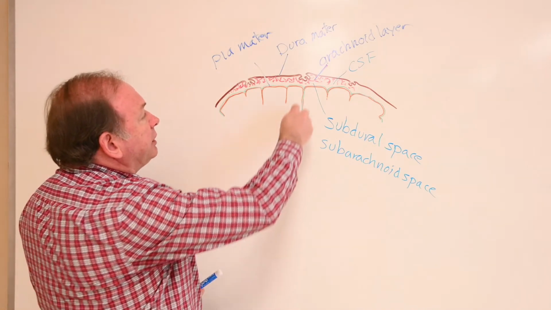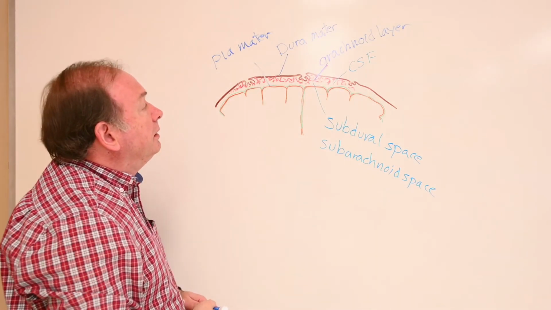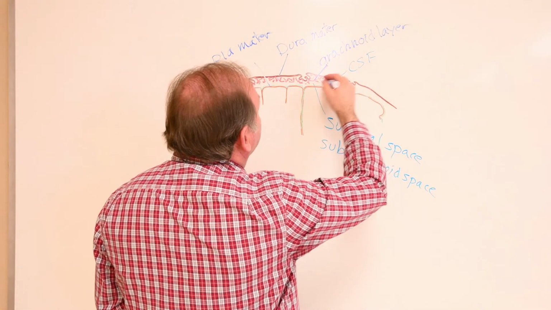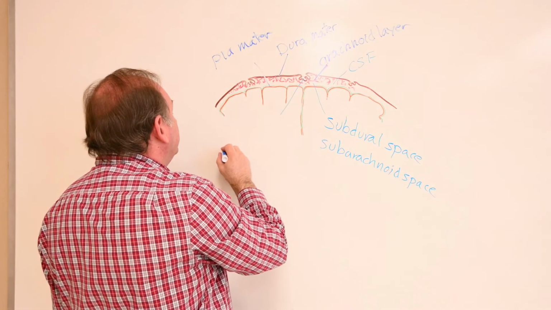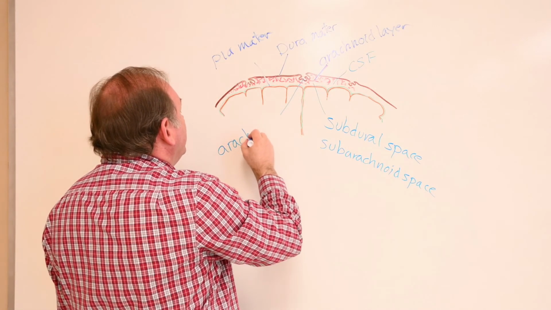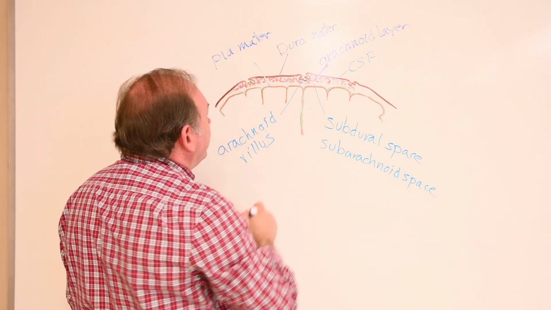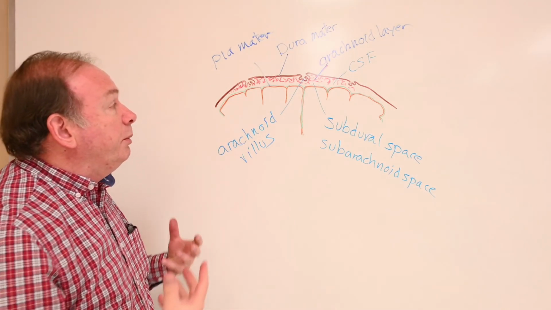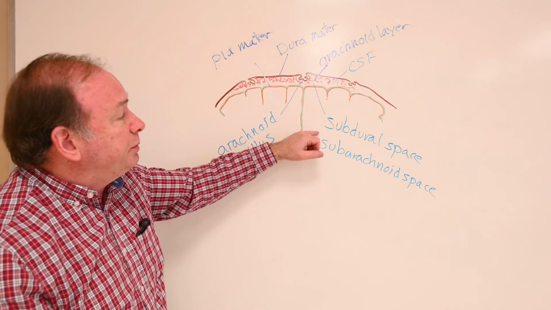And there are some vascular structures extending down from the dura mater in here, and these are referred to as arachnoid villi. So I'm going to try to label that one right there in the middle as an arachnoid villus. Arachnoid villus: vascular structures that reabsorb cerebrospinal fluid, that take it back out of that subdural space.